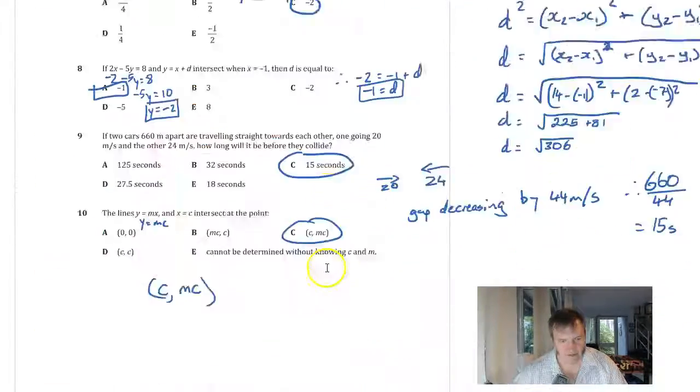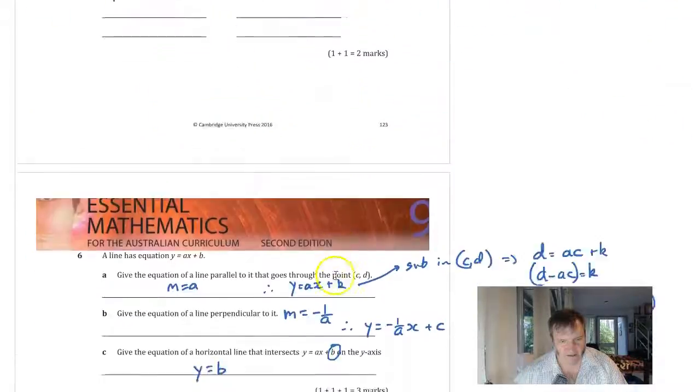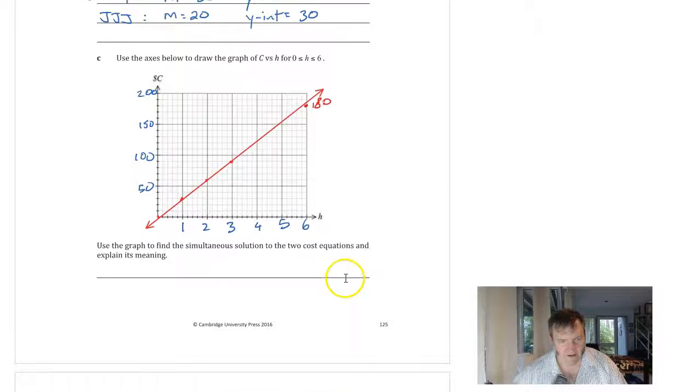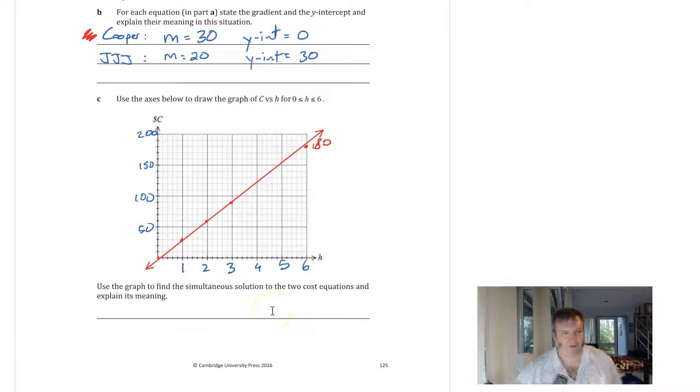Oh, good, when I Control Z to undo my undoing, it scrolls all the way to the top again. There we go, 180, that'll just have to do. The other one, let's do it in green. Joey Jojo is in green here. So the y-intercept of 30, it starts off by costing 30, but it's only going up by $20 every hour. After 3 hours, that's going to cost 90, same as the other one.